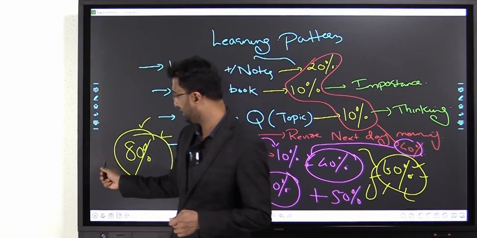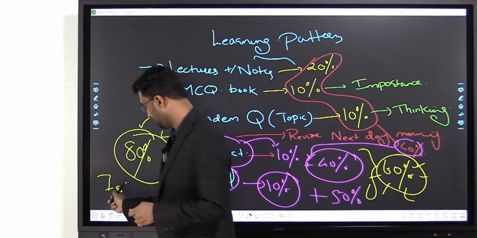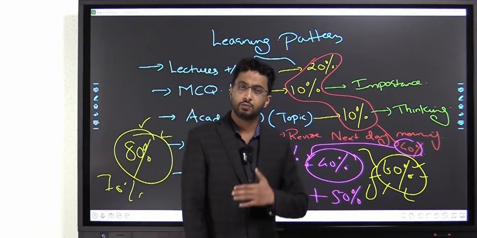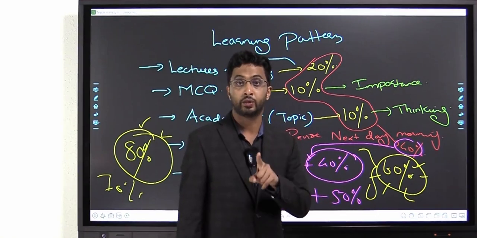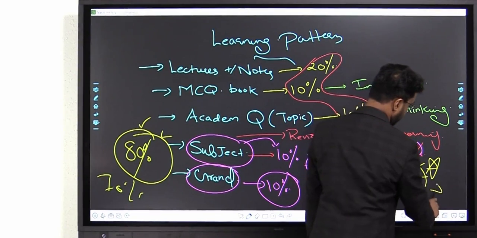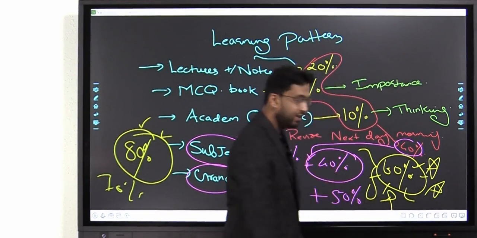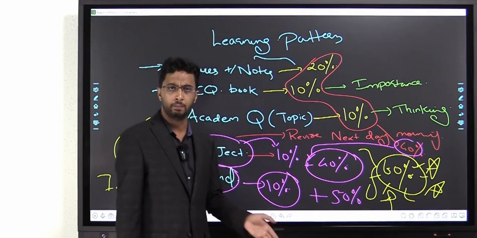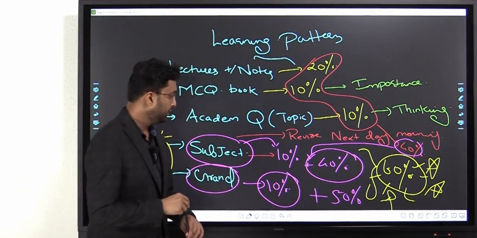If you have learned at least 70 to 80%, you have done a wonderful job and you are there at the top. If you have done 60%, you're still there with a very high chance. Anything below 60, question mark.